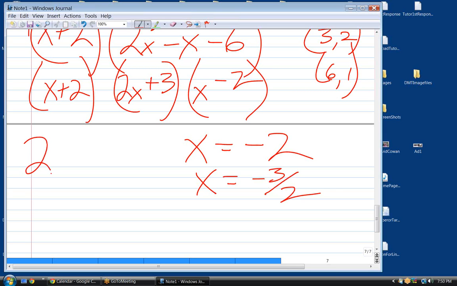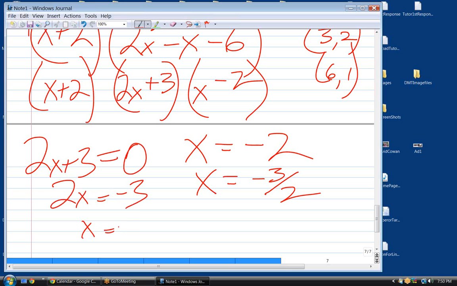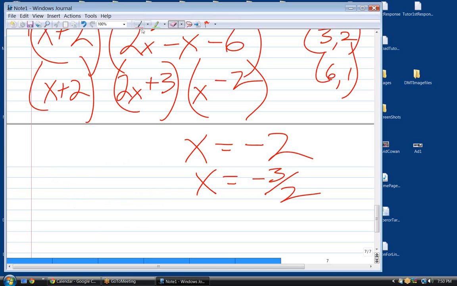In other words, we're setting 2x plus 3 equal to 0 and solving that equation, which means 2x equals minus 3, x equals minus 3 halves. And what's my third solution? +2. All right. Is that all they wanted to know?